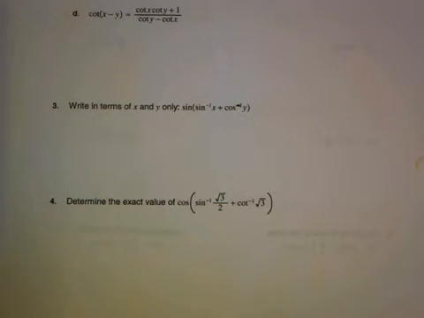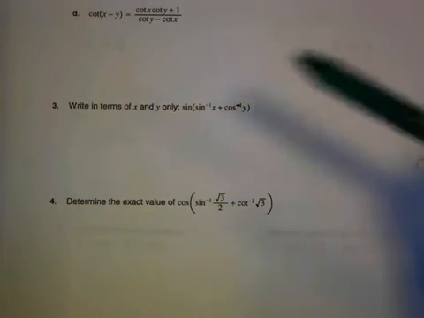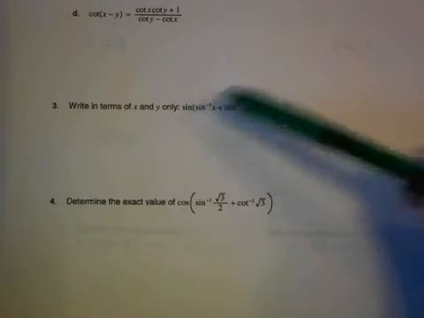Could you distribute in sine squared plus cosine squared y? Well, I can't distribute because I don't have any multiplication. It's not sine times, it's sine of. And this is poor math notation. We use these parentheses to mean different things.